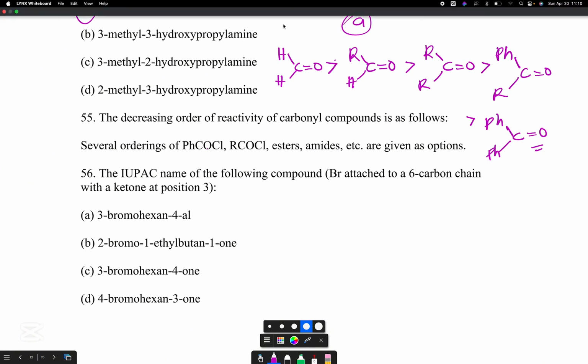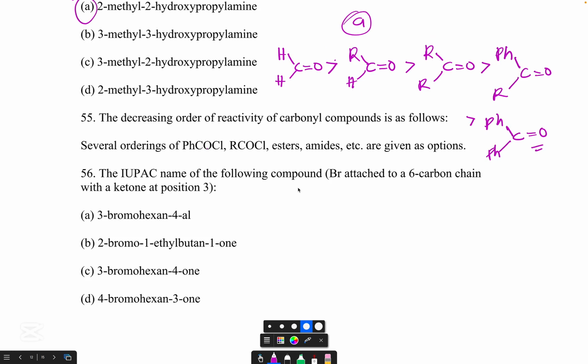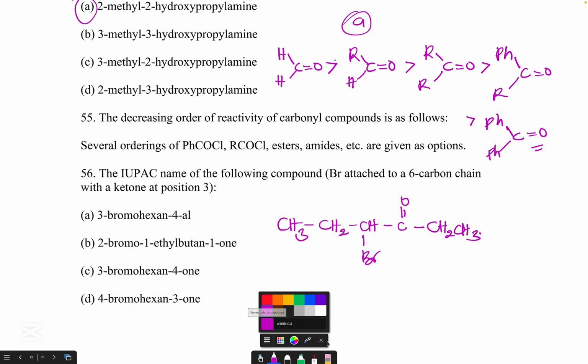The IUPAC name of the following compound. You have something like this, the compound that was given to you: CH3, CH2, CH, Br, C=O, CH2, CH3. What do you think is the IUPAC name of this compound? It's a very simple compound, right? So what is the name?